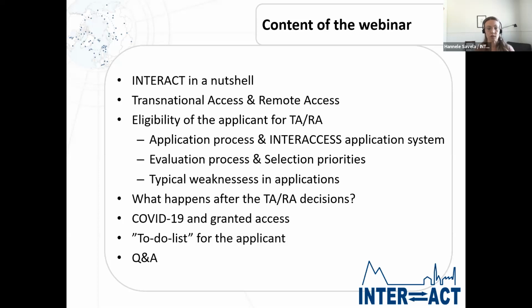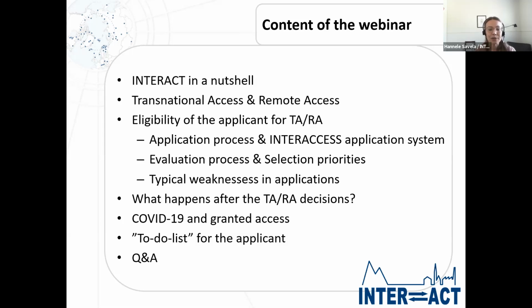Then I'm going to describe the evaluation process and what kind of selection priorities we have for transnational access. Then we are going to go through some typical weaknesses in the application so that you can all avoid those weaknesses and be very successful candidates for transnational access.